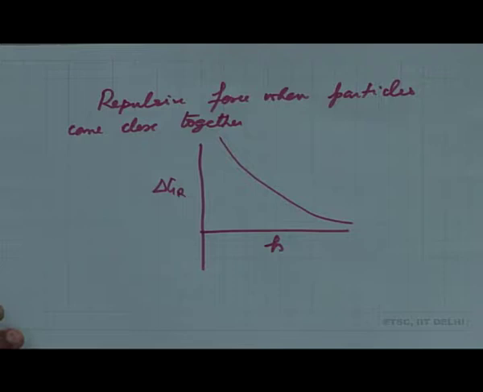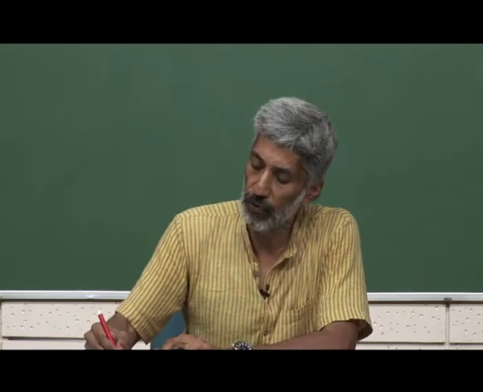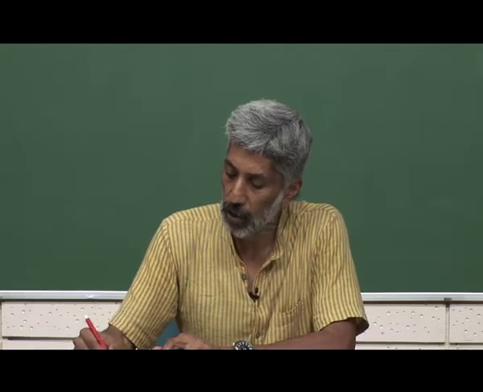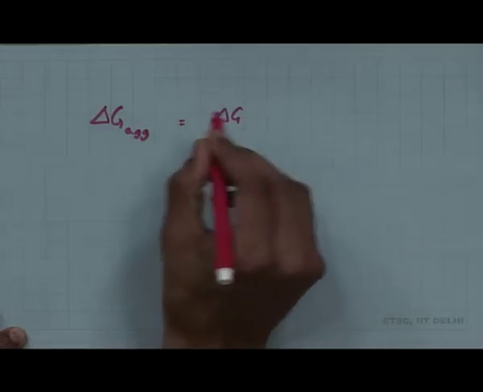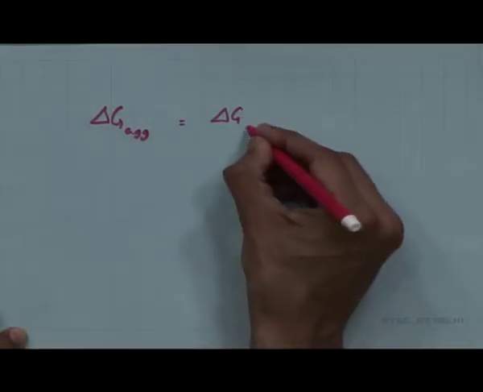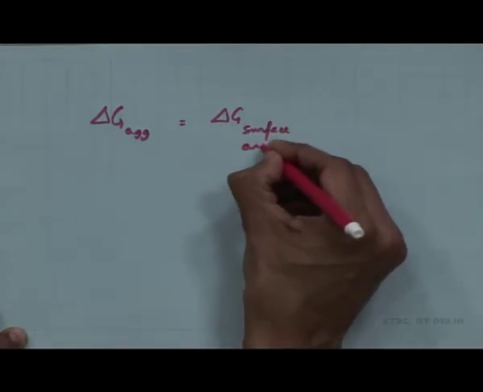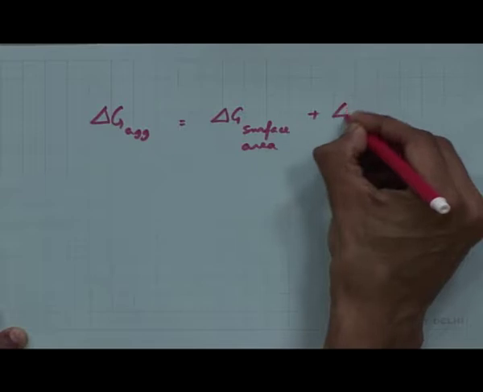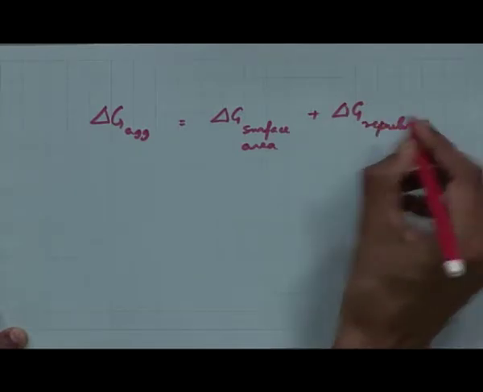So, the total delta G for this aggregation process is the sum of the delta G arising from the surface area contribution plus the Gibbs energy change arising from the repulsion.